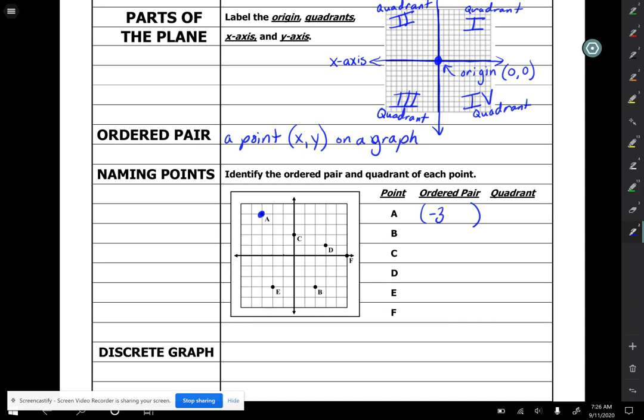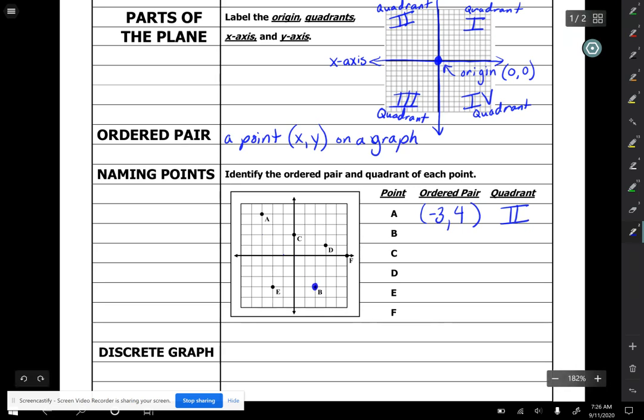So then we're going to move up 1, 2, 3, 4. So my ordered pair for A is to the left 3, which is -3, and then up 4, which is +4. Okay.